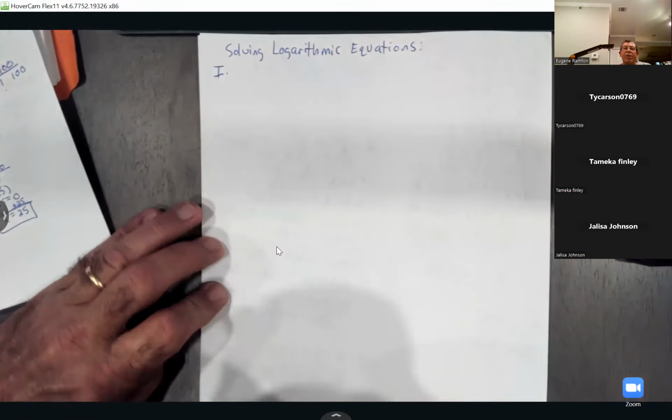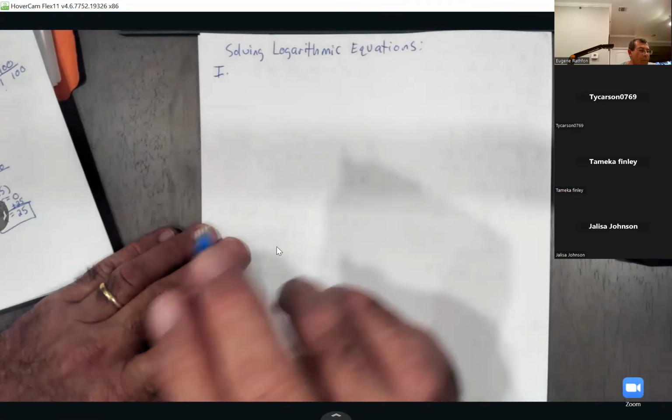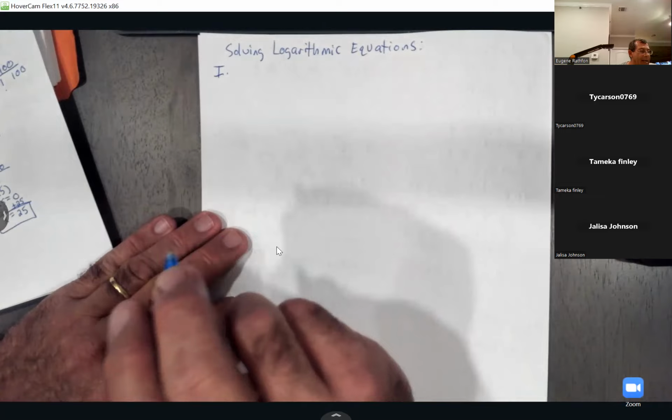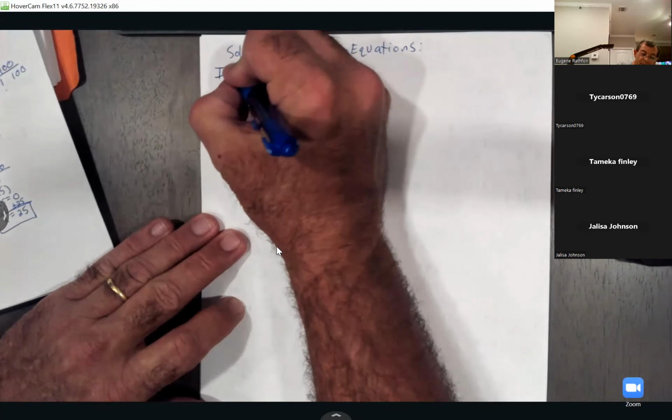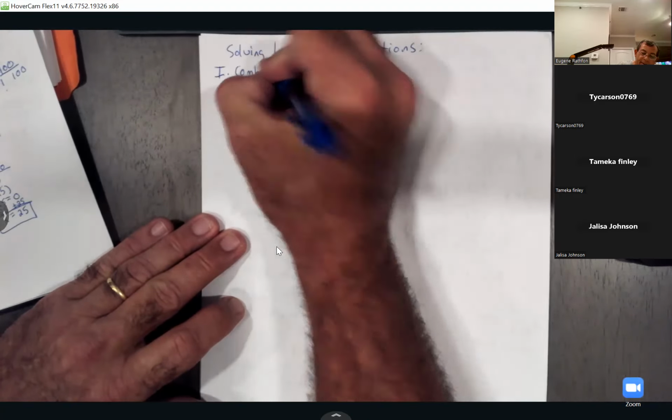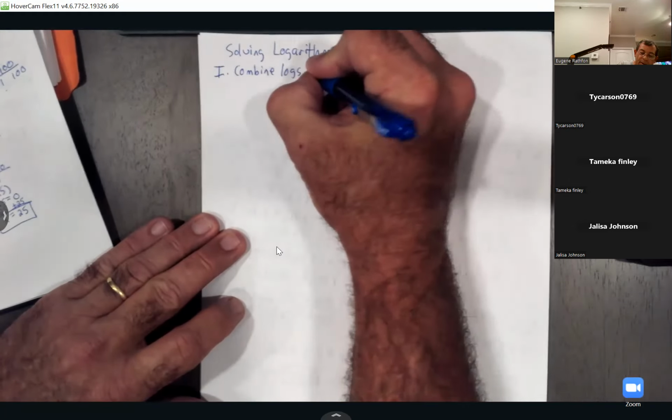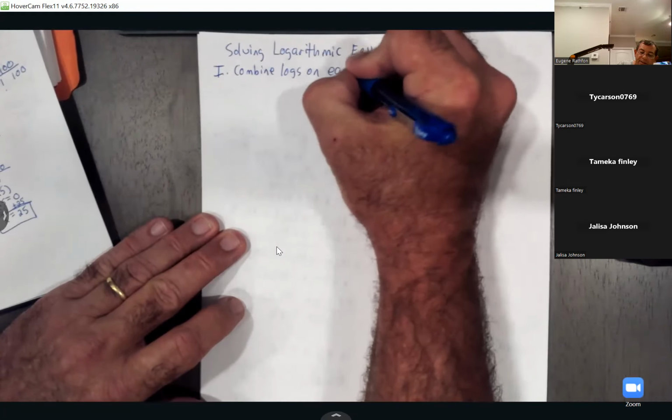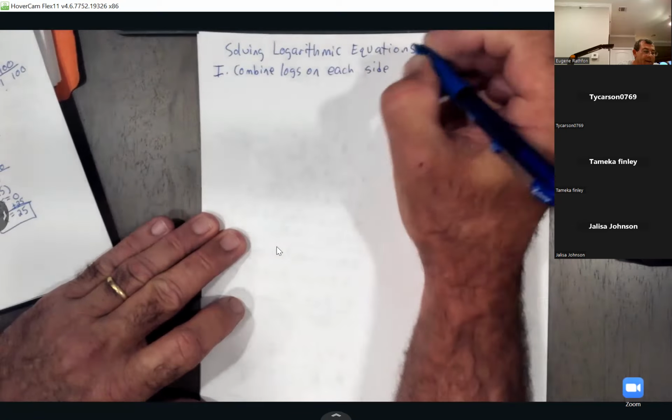All right, first thing you want to do, if possible, we want to combine logs on each side if needed.